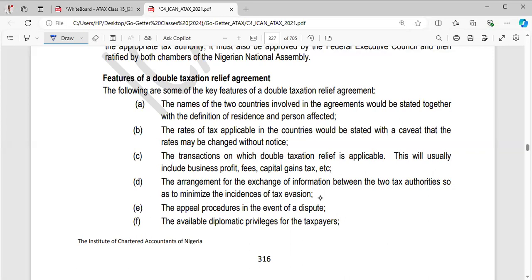What is the definition of residents in US? We said Nigeria's definition of residence for an individual would be if he is in Nigeria for 183 days or is domiciled in Nigeria.